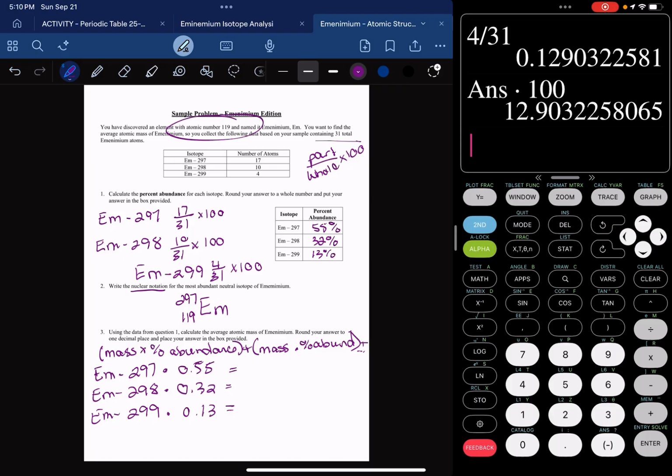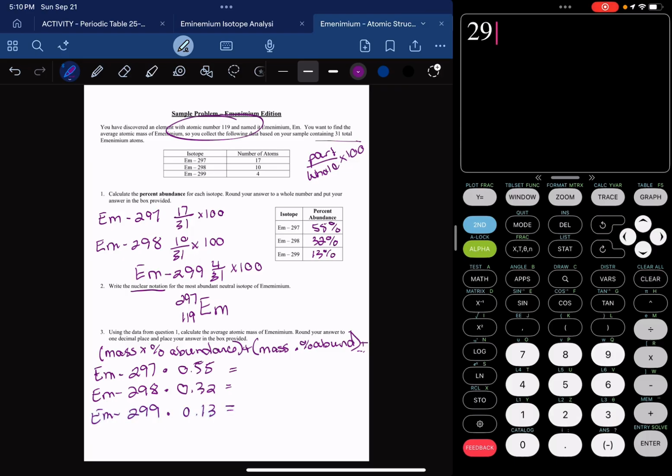Okay. And then now we'll just do our calculations here. 297 times 0.55, 163.35, and then 298 times 0.32, 95.36, and then 299 times 0.13, 38.87.